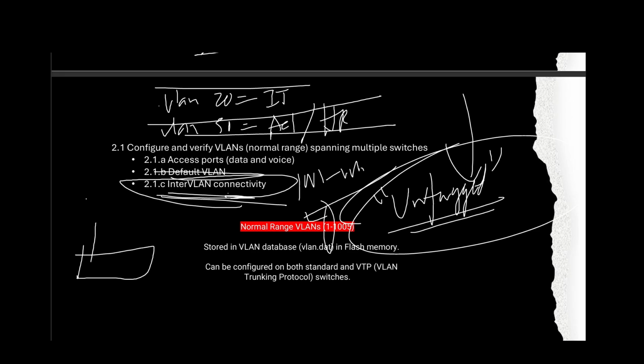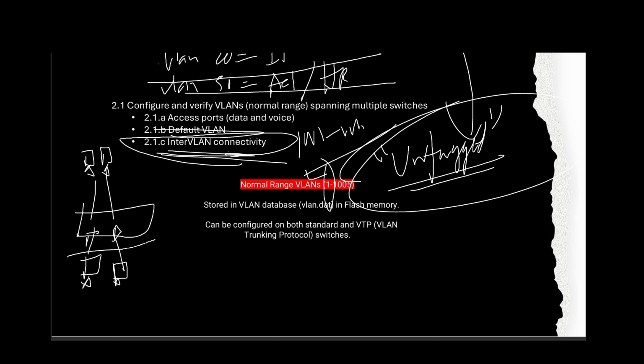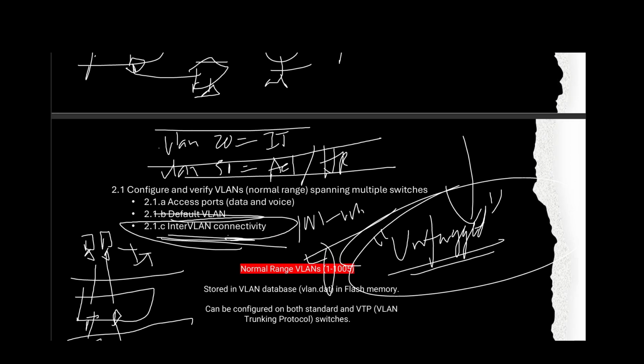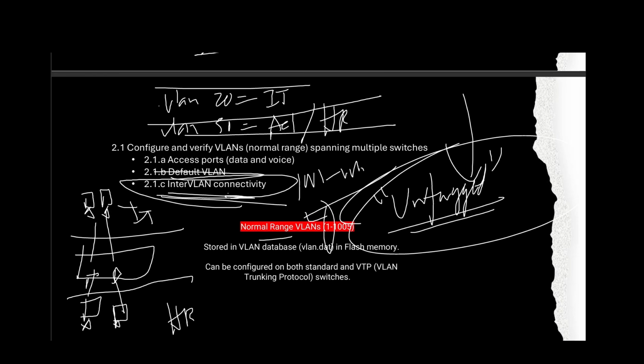Let's say you have, under a single switch, HR here and IT there. And let's say you did not make any configuration, so we're using the default or native VLAN. Every time there's a broadcast message, all of those messages will be sent to this computer, this computer, this computer, this computer, right?